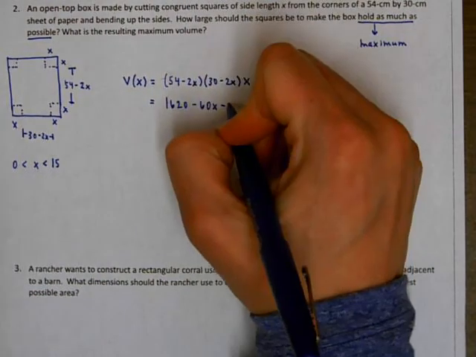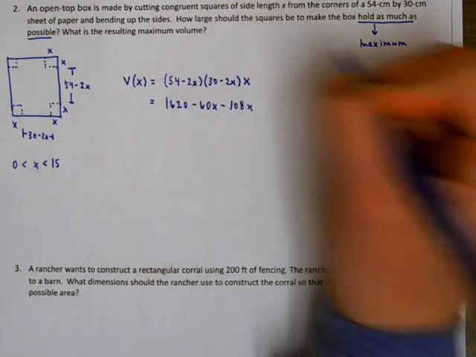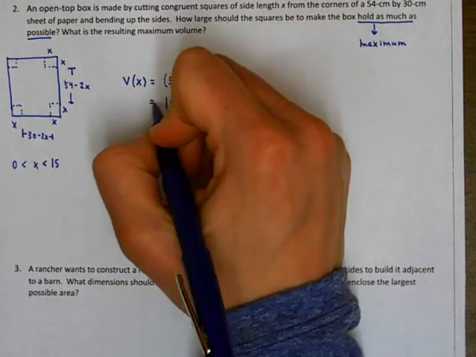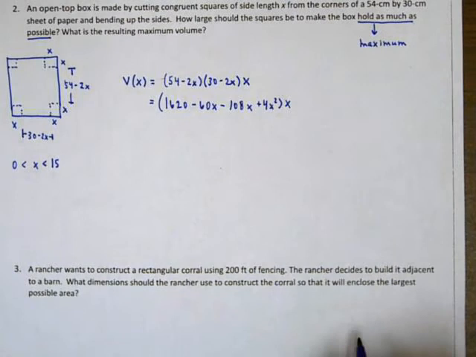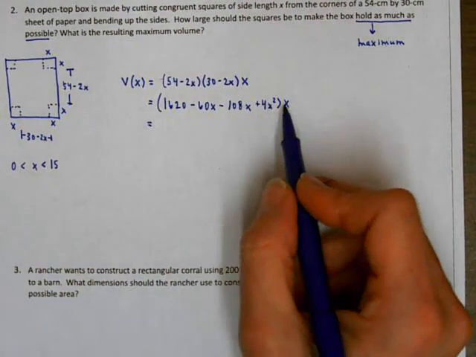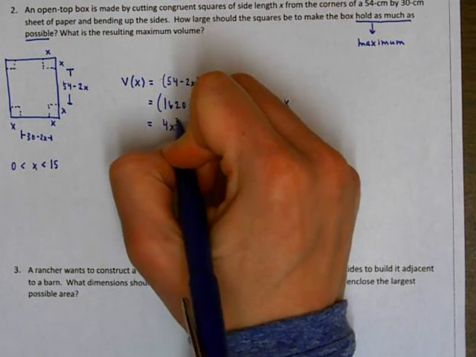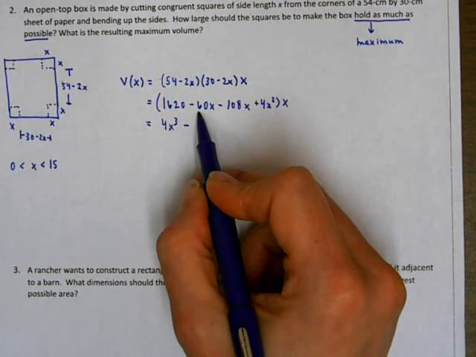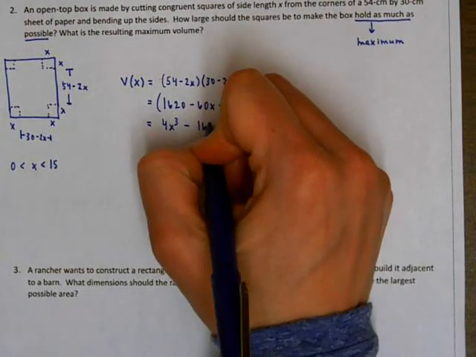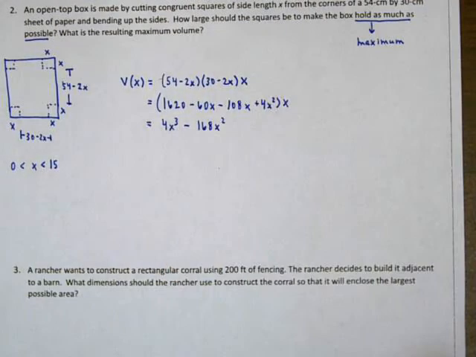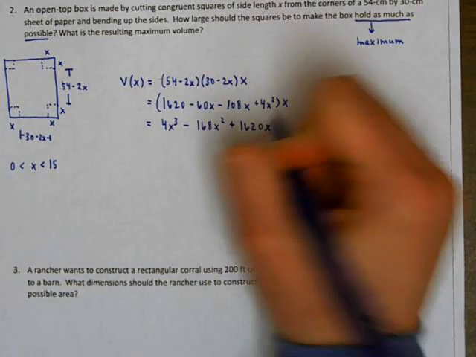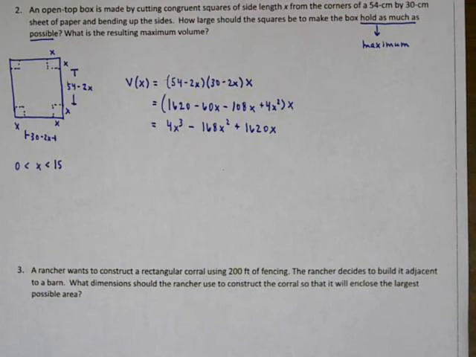Let's see, minus 108x, and then I've got plus 4x squared, and I still have to multiply that all by x. I'm going to write this in descending order here. So I've got 4x cubed. This is negative 168x, so when I multiplied it, I got minus 168x squared, and then I've got plus 1,620x.